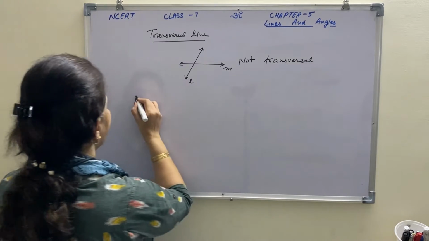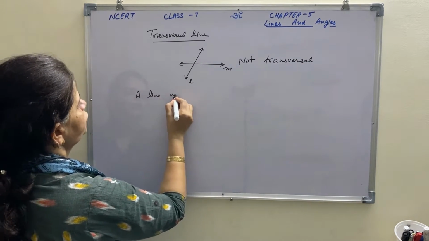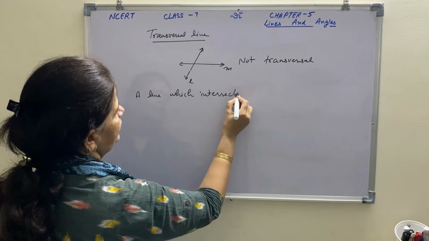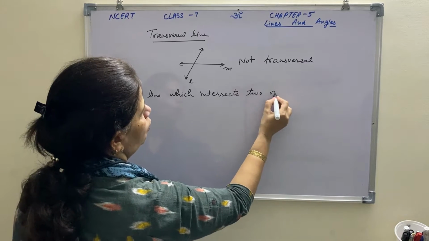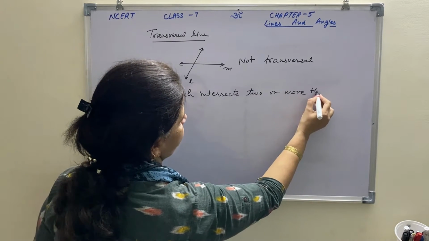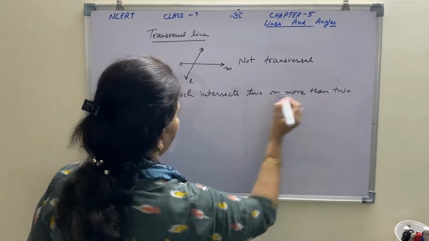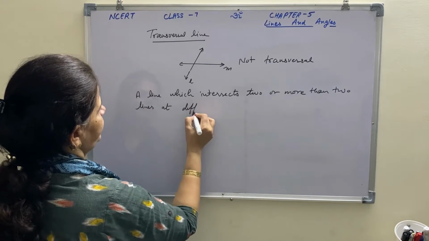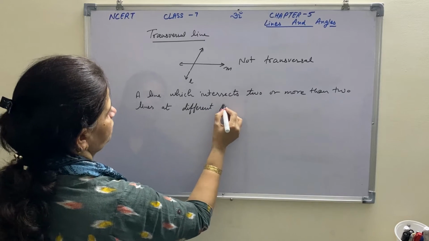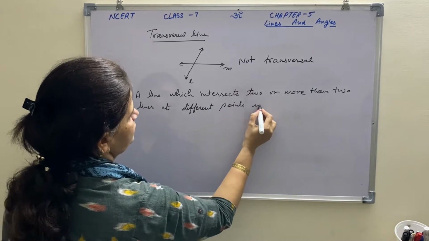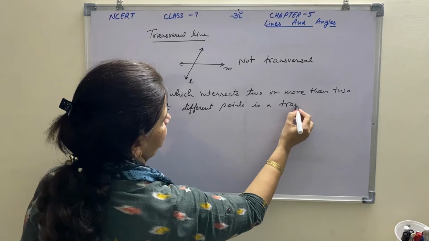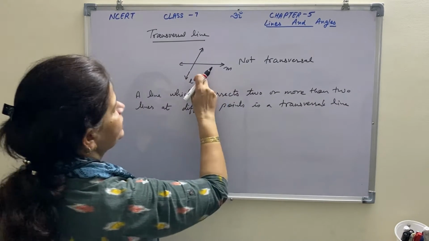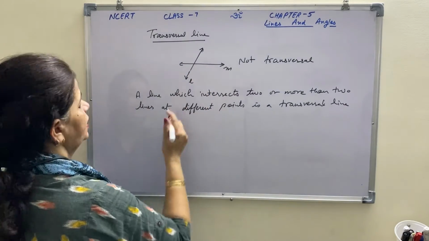Transversal means a line which intersects two or more than two lines at different points is a transversal line. Okay, so they are intersecting lines, they are not transversal lines.